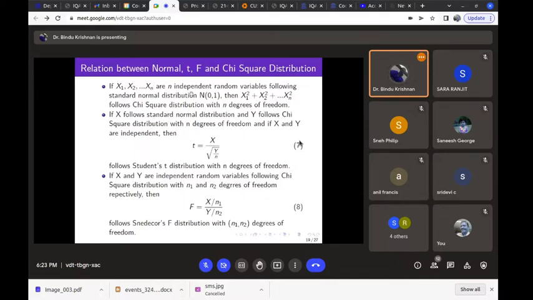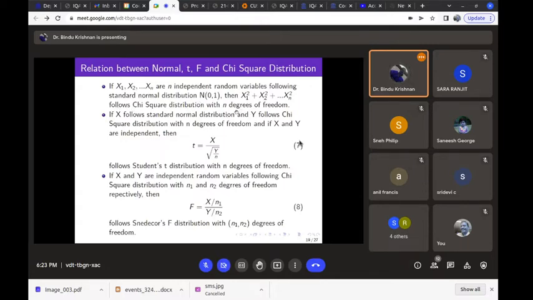Look at this. Yesterday I mentioned this. If x1, x2, etc., xn are n independent random variables following the standard normal distribution, then x1 squared plus x2 squared plus etc. xn squared follows chi-square.